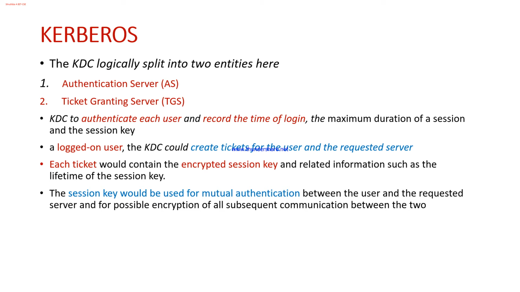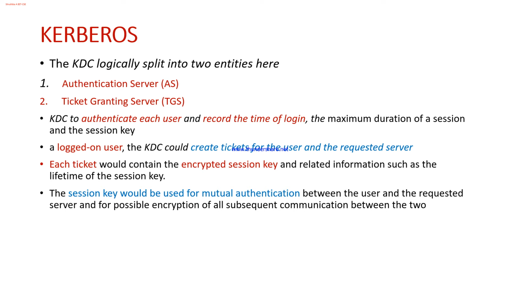Once the authentication of the user is successful, the user will receive a ticket, or the session key, for communicating with the ticket granting server. Later, the user has to contact the ticket granting server, authenticating himself by the session key provided by the authentication server. Looking into that session key, the ticket granting server will grant a ticket, the ticket granting ticket, TGT in short.